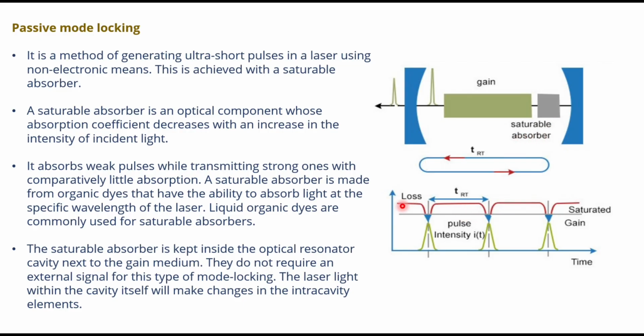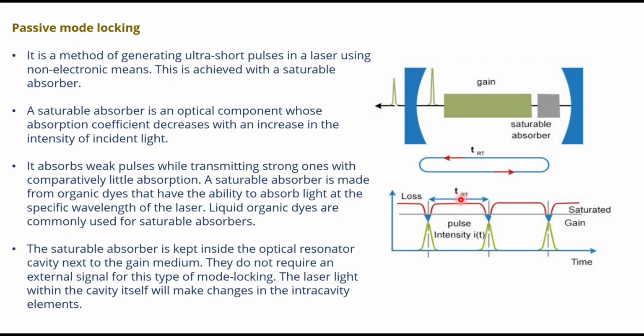That is the dip of the red curve, and the pulse gets amplified because the gain is higher than the loss. After the pulse passes, the absorber recovers and the loss increases again.